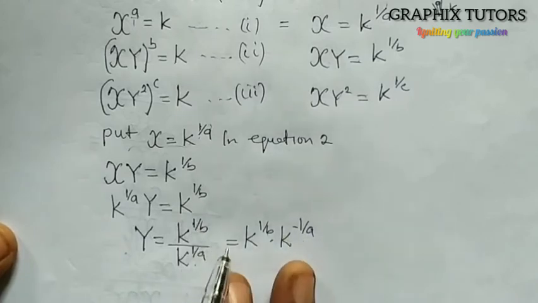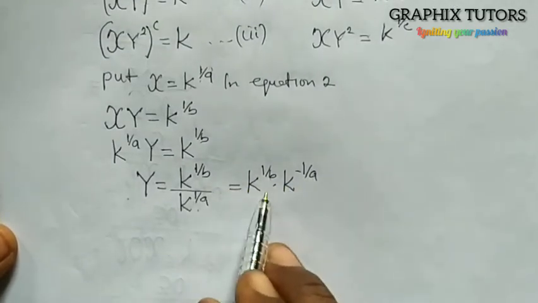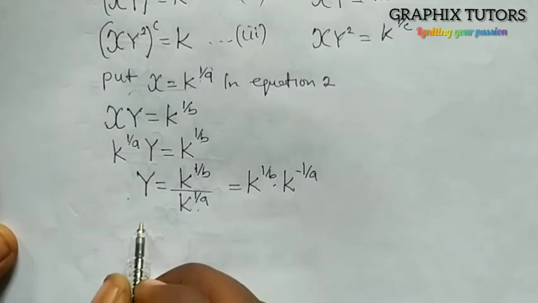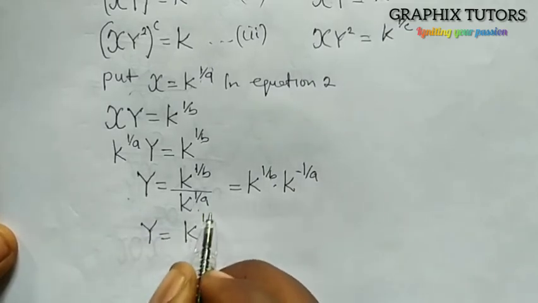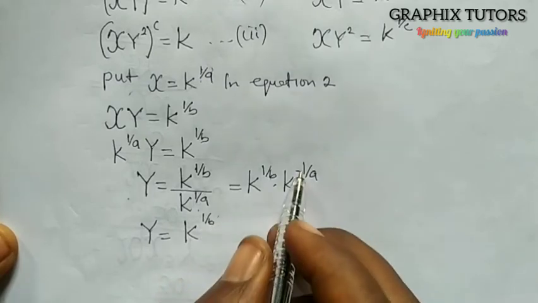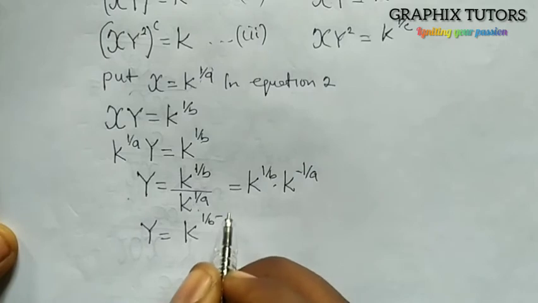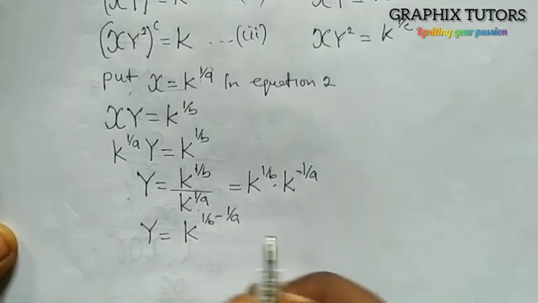Now from here, the law states that if you have two bases that are the same multiplying each other, you're going to add the power. So my y here will now give me k to the power of 1 over b plus minus 1 over a, which is the same as saying minus 1 all over a, because of this minus that is here. If there's no minus, I'll just put plus there.